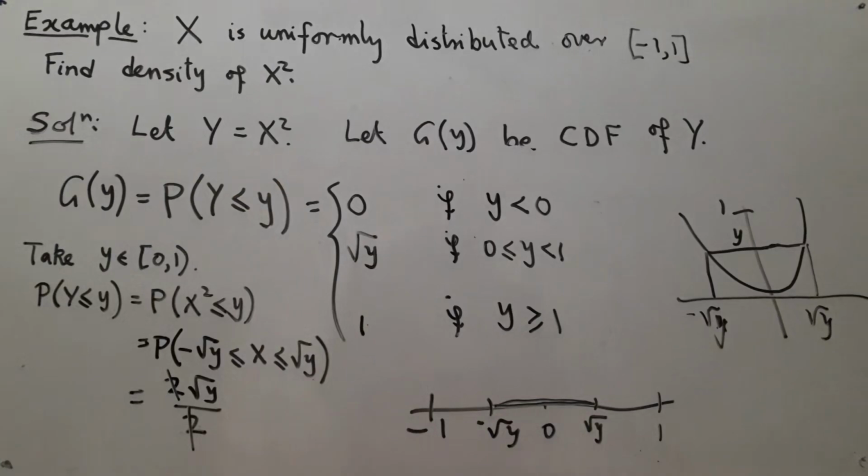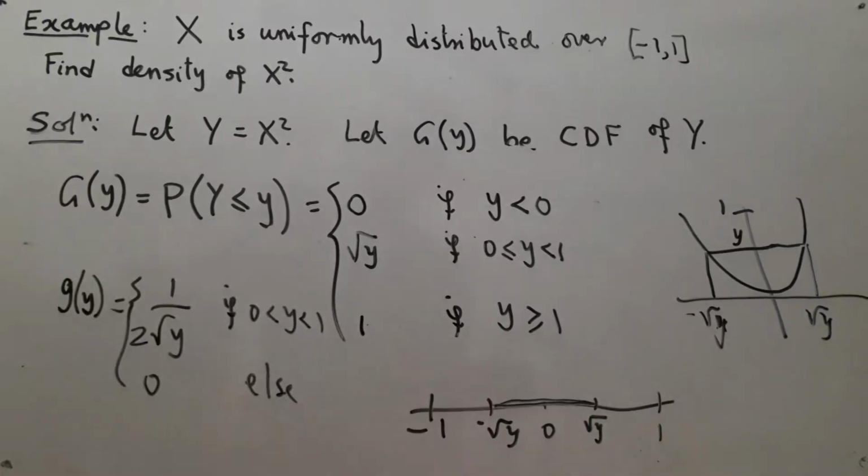And as before, I will now just differentiate this whenever I can and set it equal to 0 whenever I cannot, to get this function, which I should ideally check that if I integrate it from -infinity to y, I will really get my capital G(y).